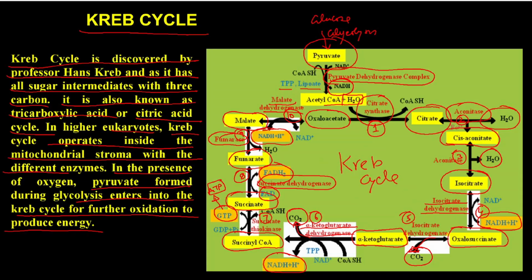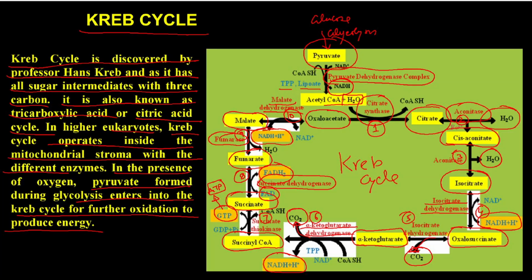So yes, as I was telling you guys, when the citrate synthase was involved, the coenzyme A group that was attached to acetyl coenzyme A, along with the reduction group, that is the SH group, got released from this molecule and the citrate is formed.